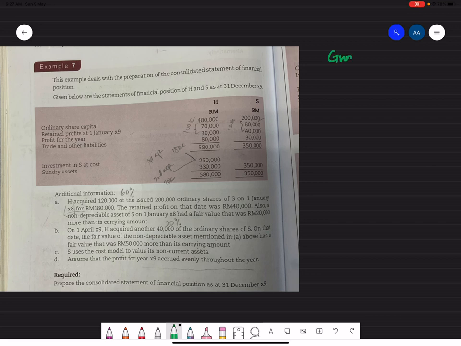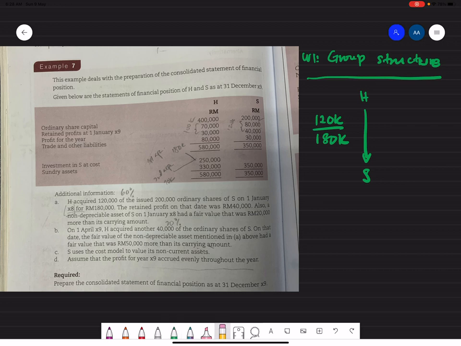If we look at the group structure, H acquired S, how much? 120,000 over 200,000.